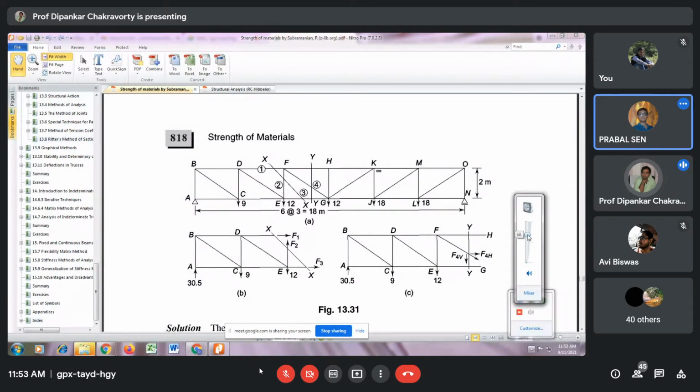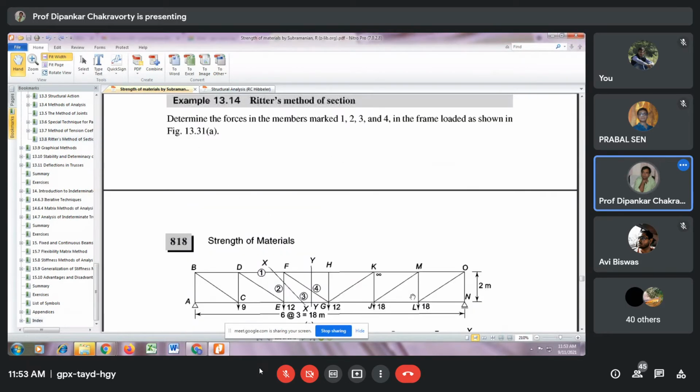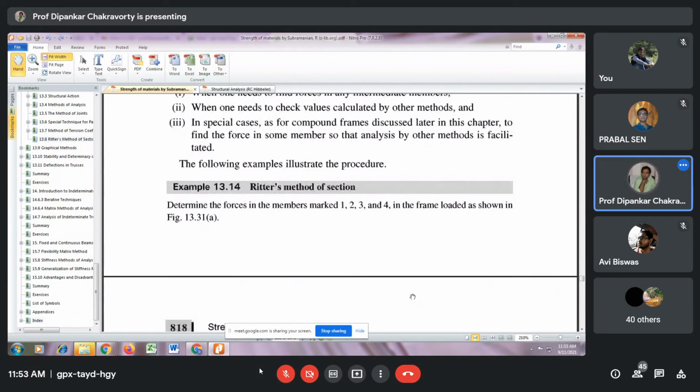Because if you cut more than three members, then you cannot solve them. Because for non-concurrent coplanar forces, you can solve only three unknowns at a time.